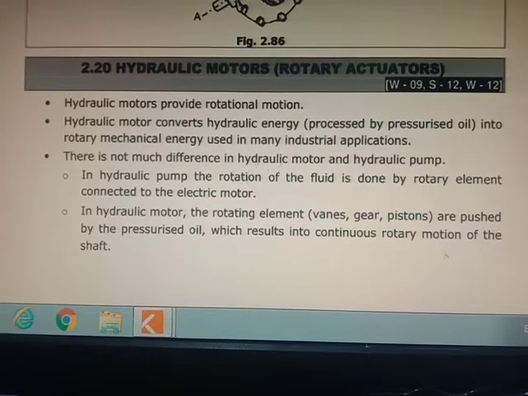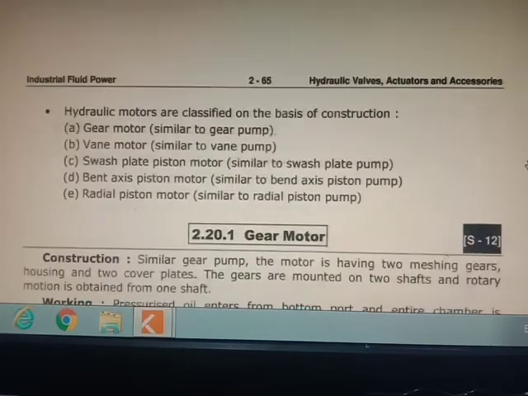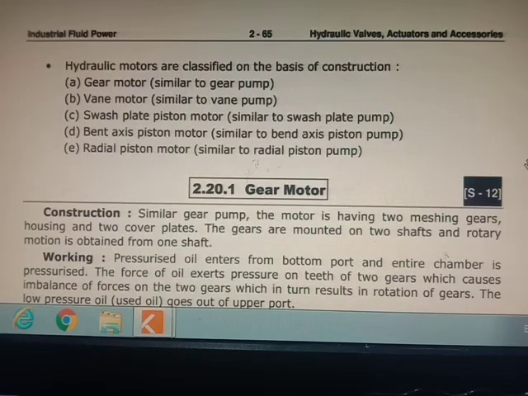So the output will be the rotary motion of the shaft. And how is this output generated? This output is generated with the help of the flow of high pressurized oil going into the hydraulic motor. Understand? Okay.